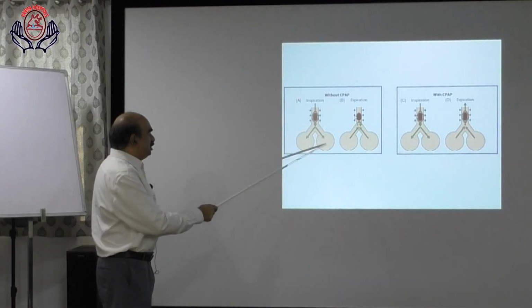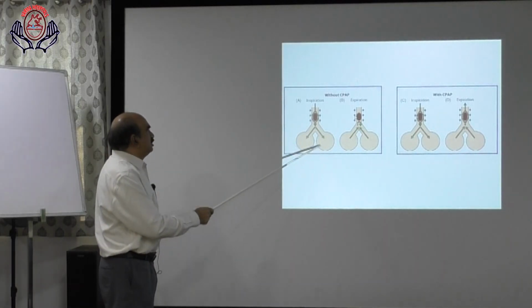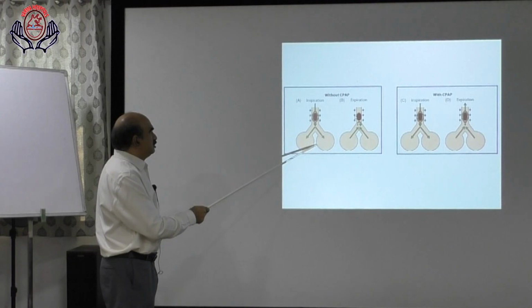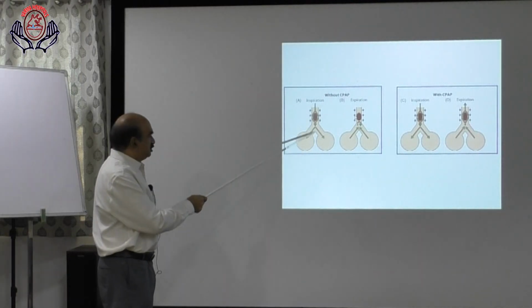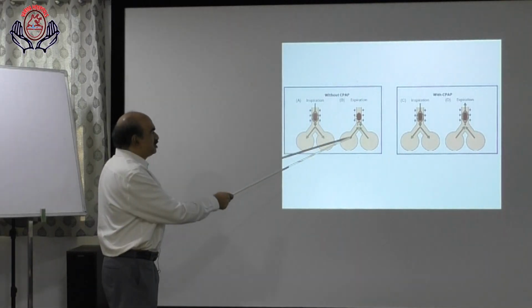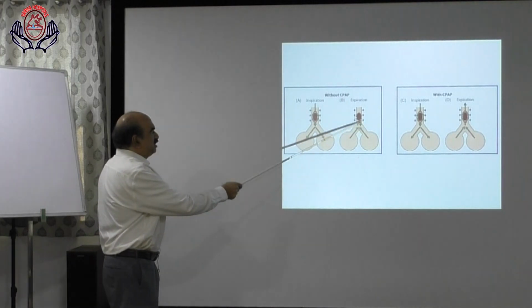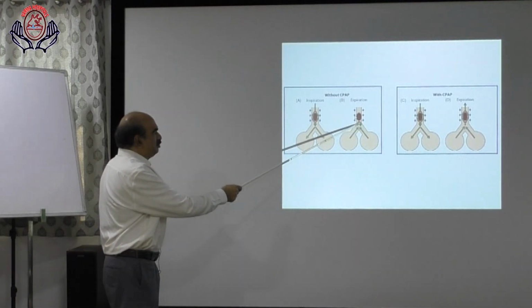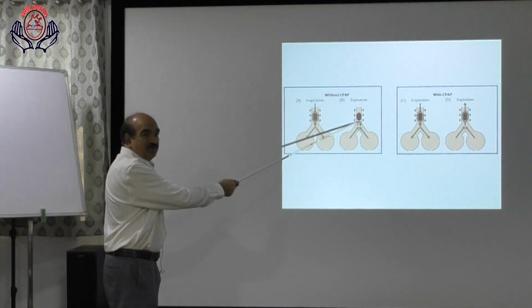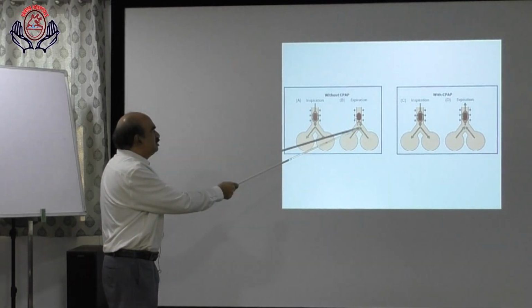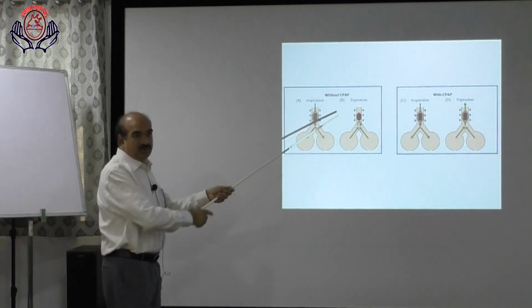If there is alveolar edema or any alveolar damage, without CPAP, during inspiration there is airflow, but during expiration, if there is alveolar or terminal airway damage, because of a valve mechanism, terminal airways may collapse. There will be collapse of terminal airways and there may not be expiratory airflow.